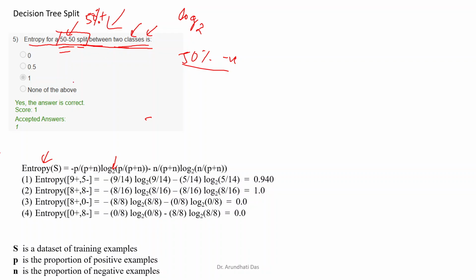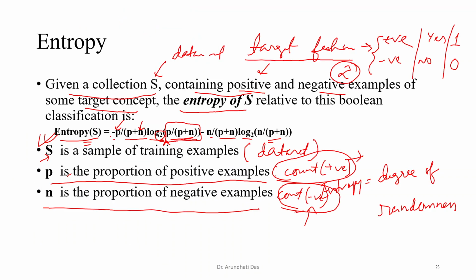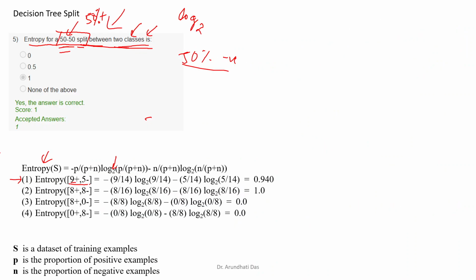Below, you can see I have taken more examples. In the previous example from this data set, 9 was the positive count and 5 was the negative count, so the final entropy was this one, correct. Then I have the second example, where I have 8 positive samples as well as 8 negative samples.